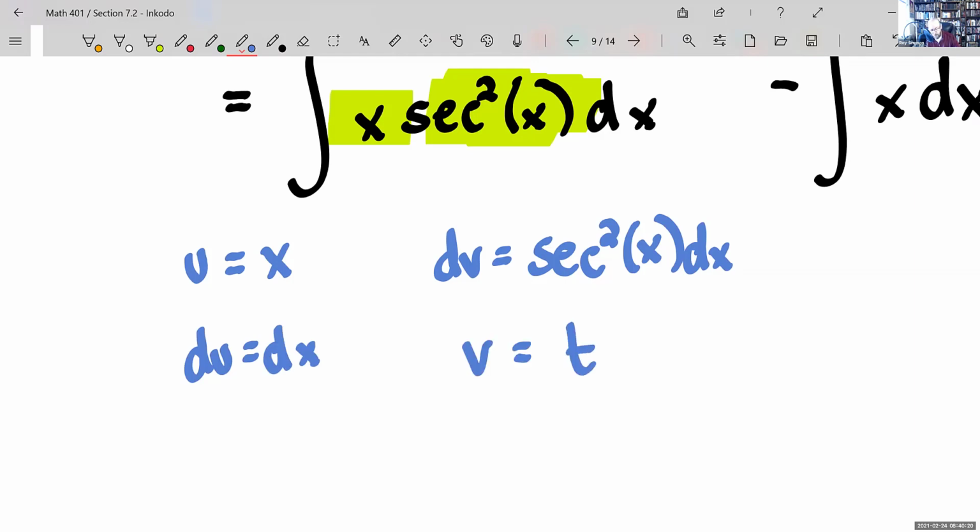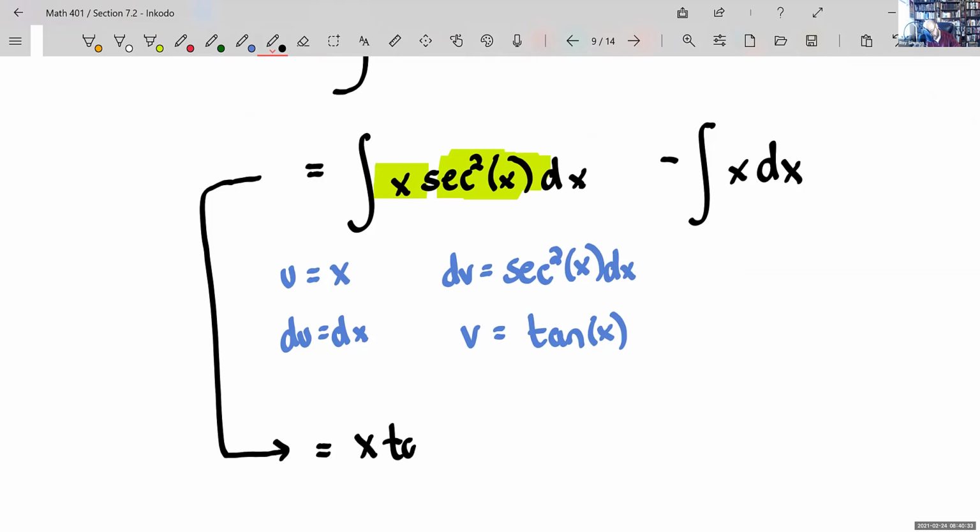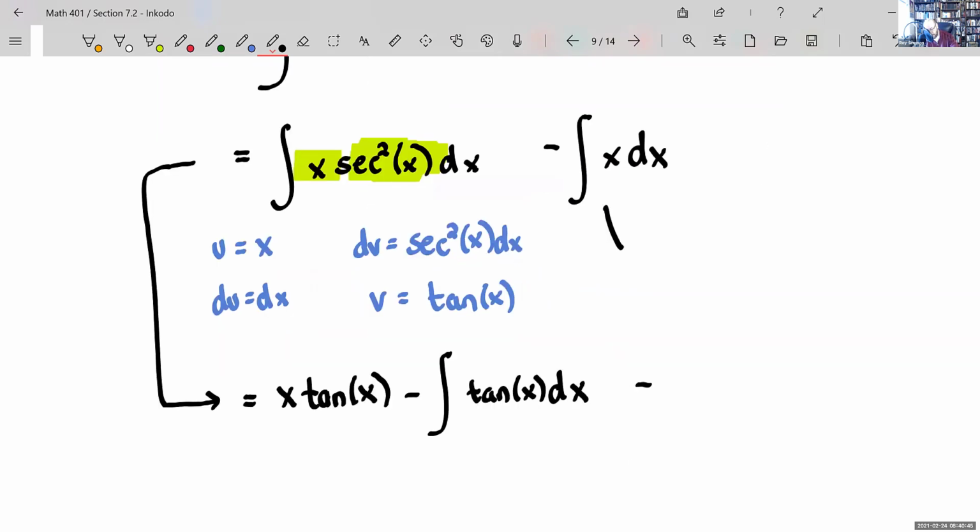A really, really nice problem now. Remember, by parts is u times v, so that's x times tangent of x, minus the integral of v du, tangent of x dx. And then remember, we still have this minus the integral of x, which is x squared over 2.